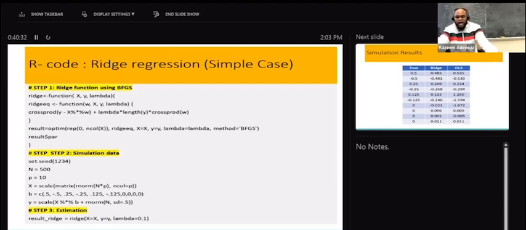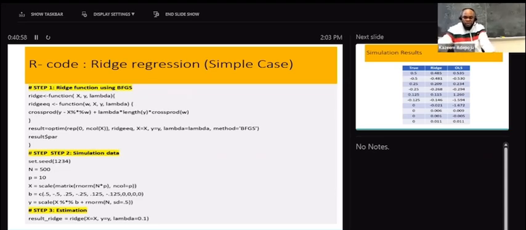We want the number of observations to be 500, and the explanatory variables to be 10. Because we are simulating, we already know the coefficient values. If I want to simulate, I need to know the regression coefficients.